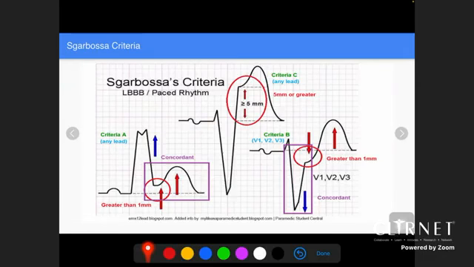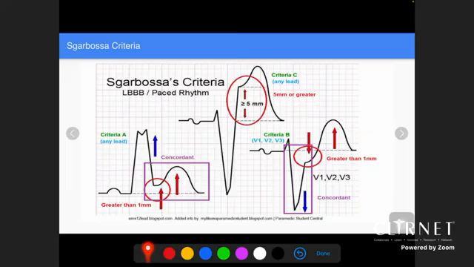Sgarbossa criteria were invented by Elena Sgarbossa to identify patients who have STEMI with left bundle or paced rhythm, because it is difficult to know whether this patient is having ST elevation or not.